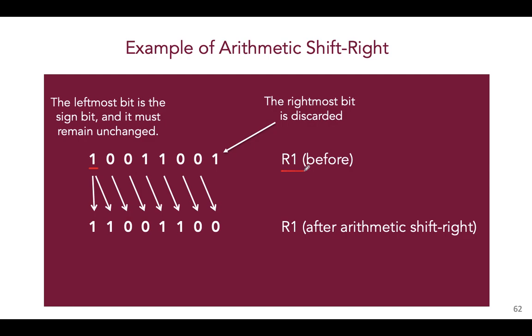See, this is R1 again from the previous examples, and this is a negative number because it starts with the 1. After shifting, it should still be a negative number, right? So, first thing we do is we copy this first bit, the leftmost bit, as it is, and then we shift this entire number. Instead of thinking about it as shifting it, an easy trick for you is first you copy this same number as it is, and then you copy this entire number after it, right?